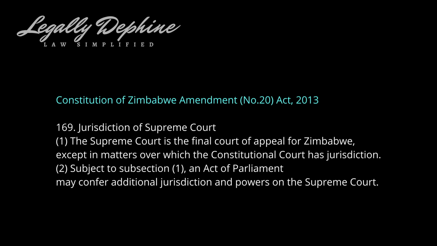The jurisdiction of the Supreme Court is provided for in Section 169 of the Constitution of Zimbabwe. Section 169 stipulates that the Supreme Court is the final court of appeal for Zimbabwe, except in constitutional matters over which the Constitutional Court has jurisdiction, and an Act of Parliament may confer additional jurisdiction and powers on the Supreme Court.